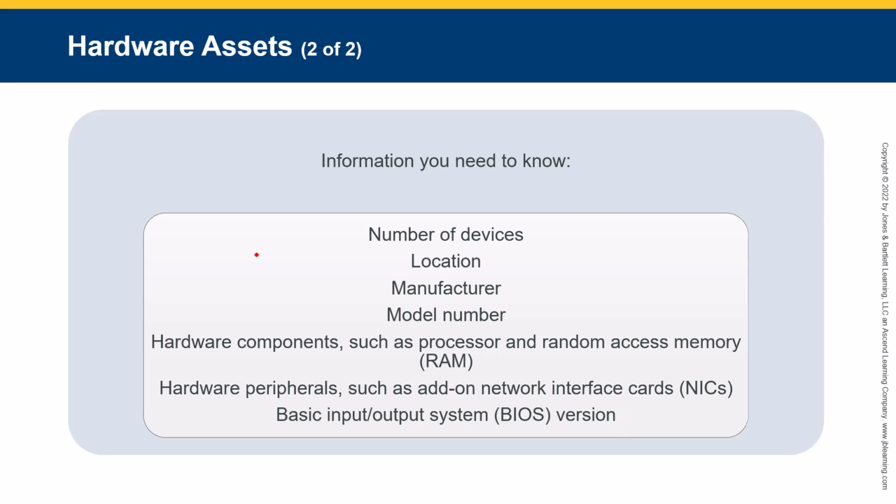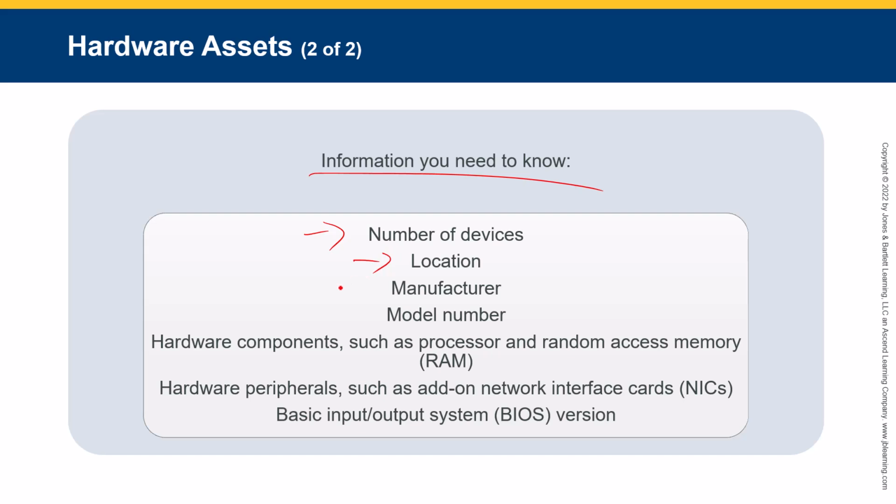So what information are you going to need to know? This is actually a big one because I'm dealing with a client now. They're wanting protection, and I ask a simple question such as, how many assets do you have? And they can't even give me a number. So having a current and semi-accurate number of devices is important. Where are the devices located?